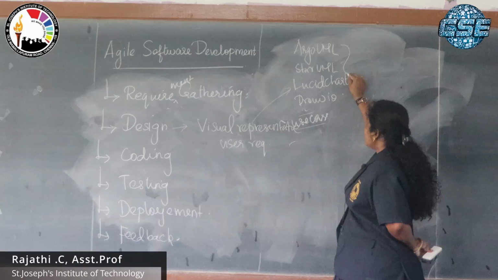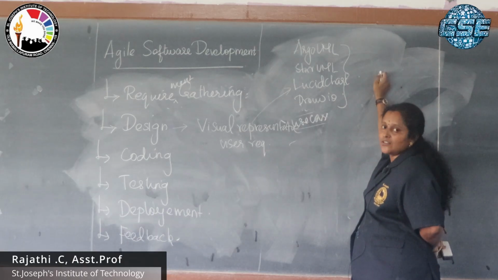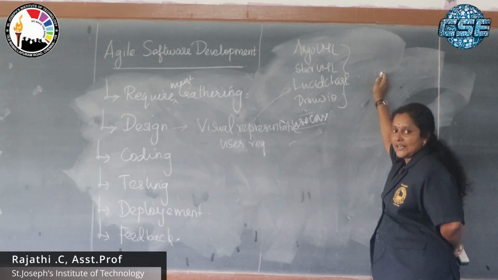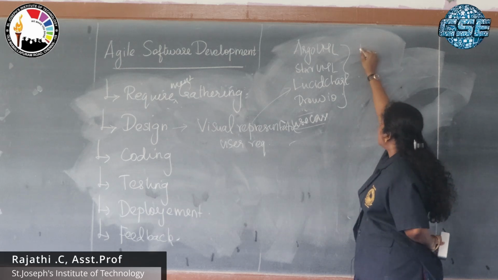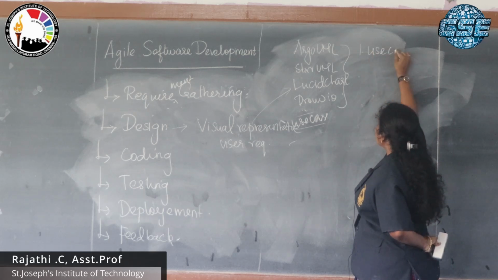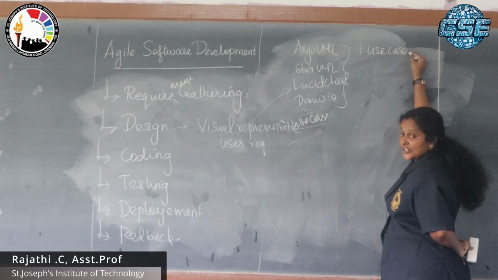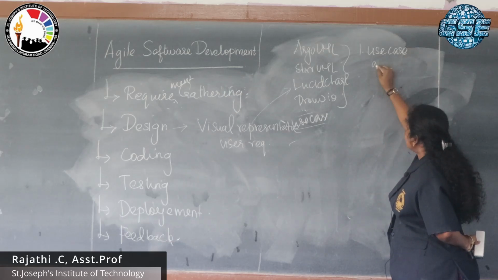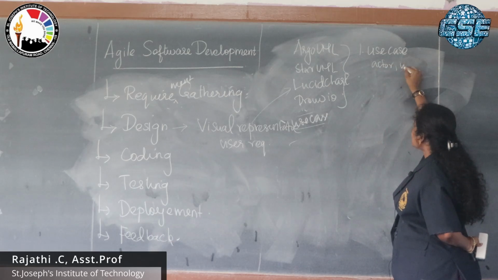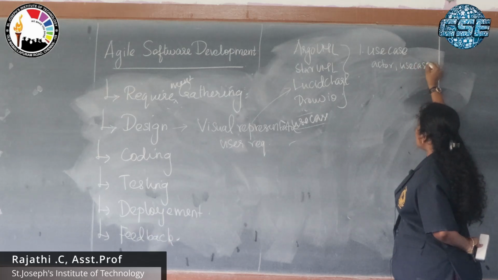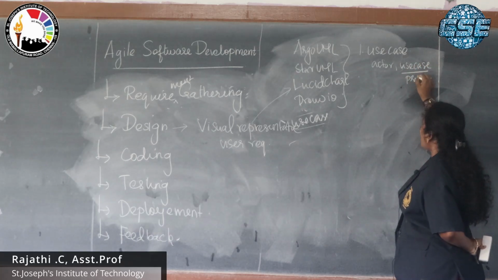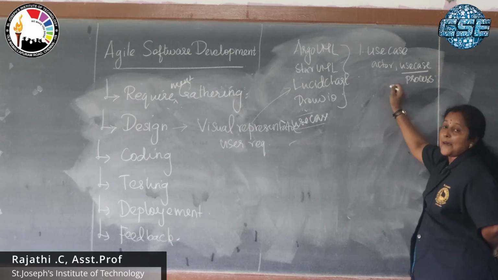For a particular software development requirement document, we will develop a use case diagram. The use case diagram is going to deal with the actor and the use case involved in it. A use case is nothing but the process involved in the particular application.